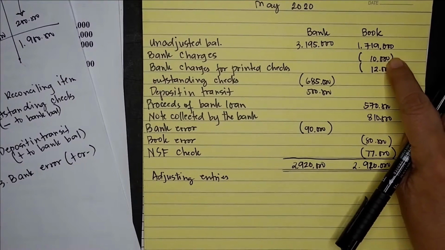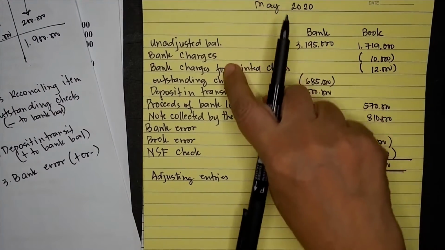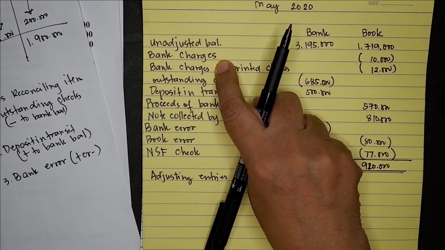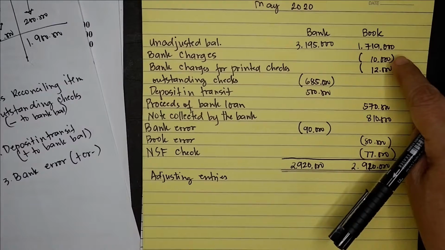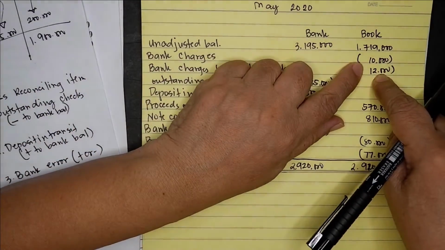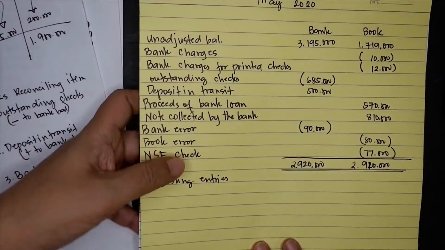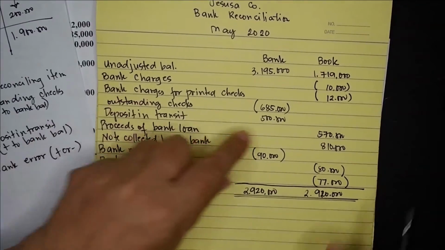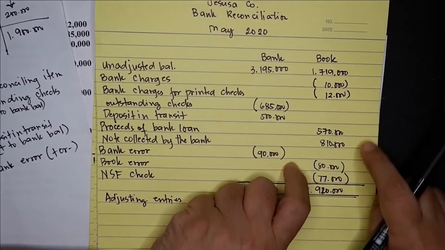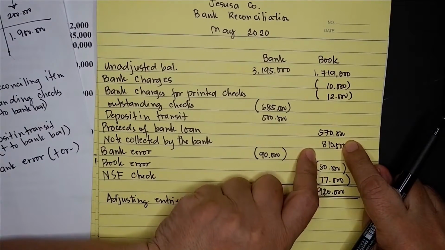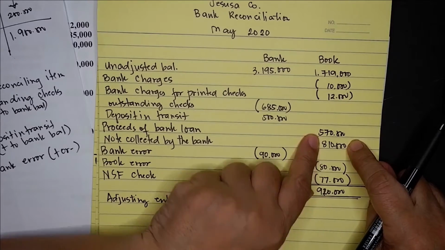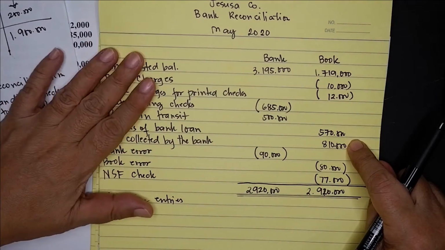But take note, the first 2 reconciling items, both are bank charges. So we can prepare 1 entry only for this one. If it is negative, it means we have to deduct from our bank balance. So our cash in bank should be on the credit side. If it is positive, 570, it means we add. So in our entry, cash in bank should be on the debit side.